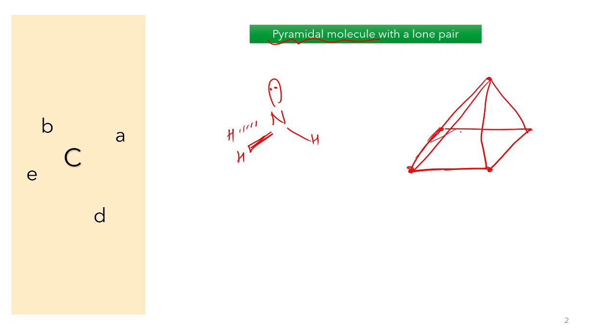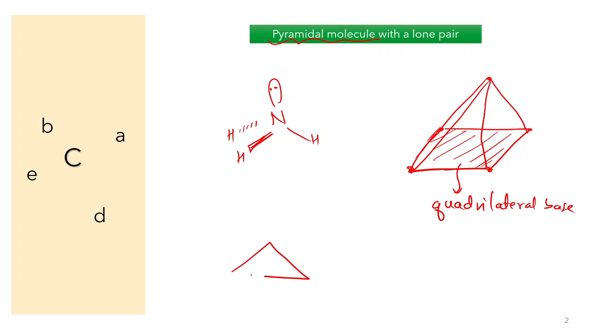For example, right here I drew a pyramid with a quadrilateral base. You can make a pyramid with a triangular base. So the shape of ammonia is pyramidal because if you join all the outside atoms, you get this pyramid there. So the shape is called pyramidal.